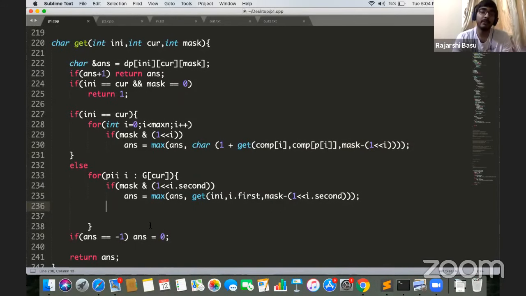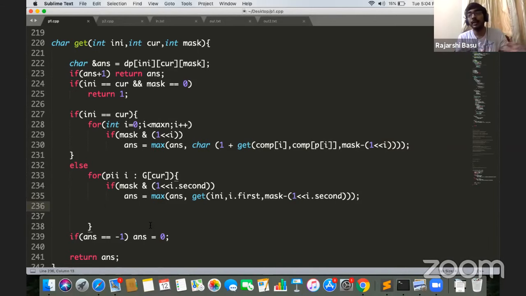For the path case also, how do we think about bitmask DP? We usually think: we have this mask, so this is what we have done, and we have some other states. What is the last possible thing that we have added in my mask? I want to find, if I don't include this last thing, what is the number of ways, or what is the answer for the rest?